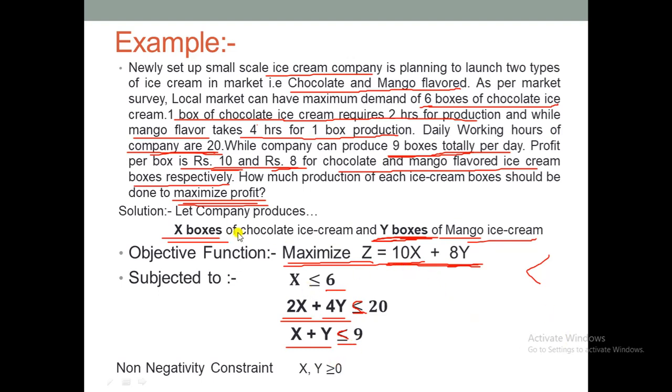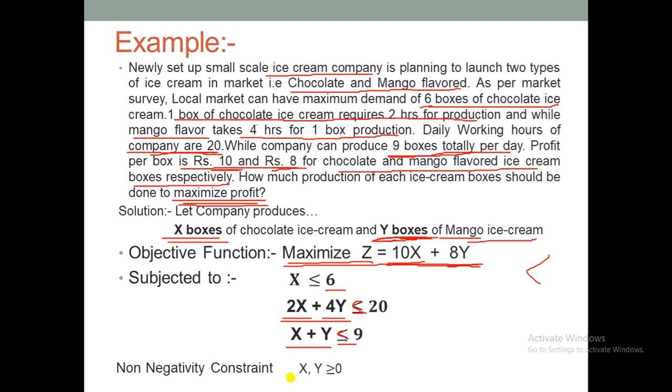So this entire structure is called a formulation of a linear programming problem, starting from considering the objective function, then getting constraints. These three are constraints, and then the non-negativity constraint. That is going to be the last part of the formulation.